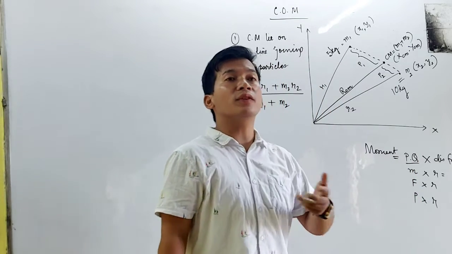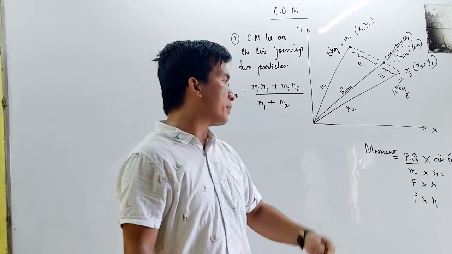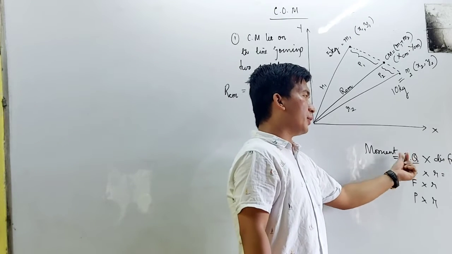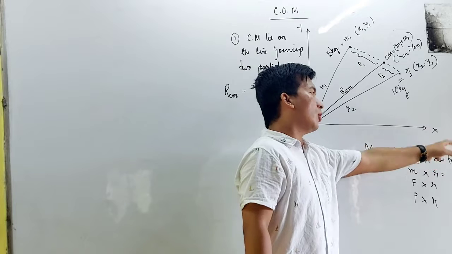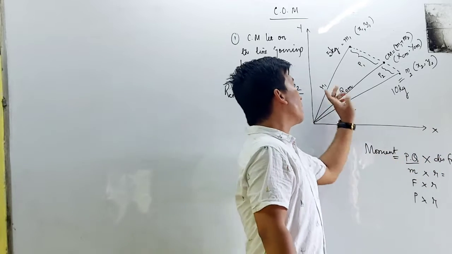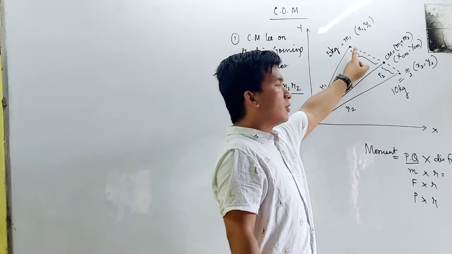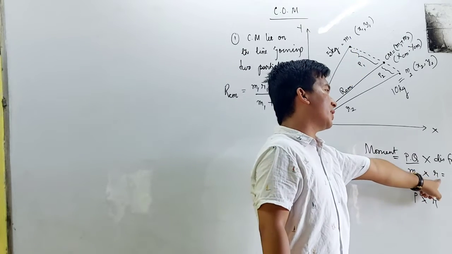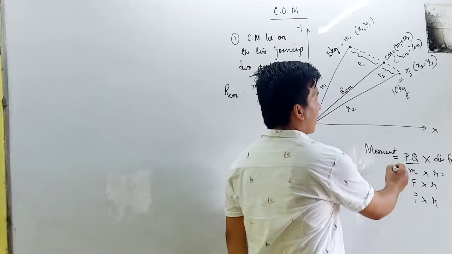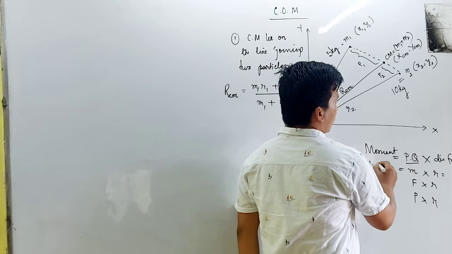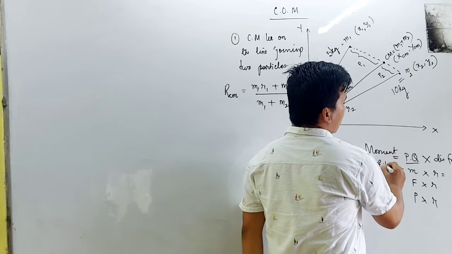How will you define moment? Moment is defined as the product of a physical quantity with the distance of that physical quantity from the origin. If the quantity is mass, the mass multiplied with its distance from the origin is known as moment of mass.